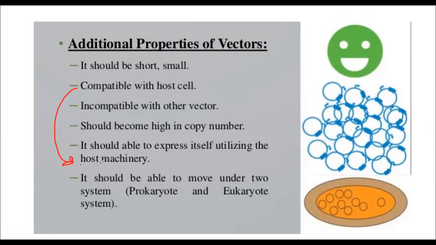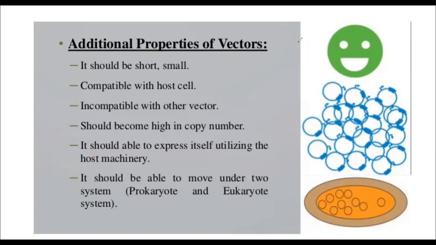So the host cell should provide all the machinery, all the enzymes, all the raw materials, all the energy for this replication process. Okay. And it should be able to move under two systems. It should be compatible with the prokaryotic as well as the eukaryotic system also.